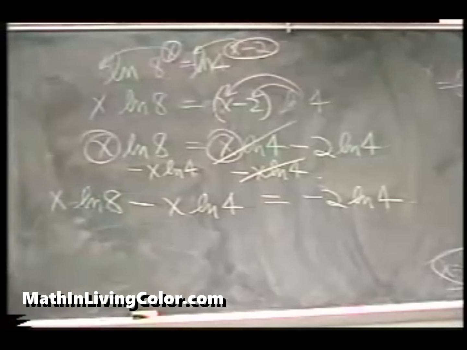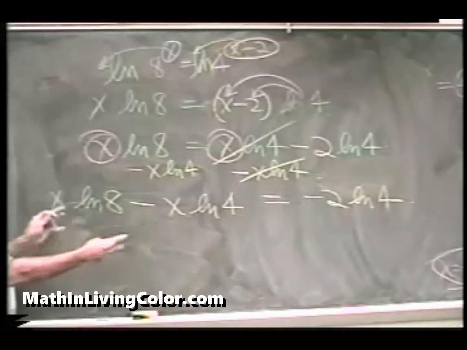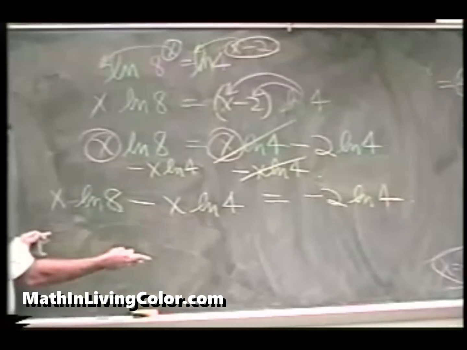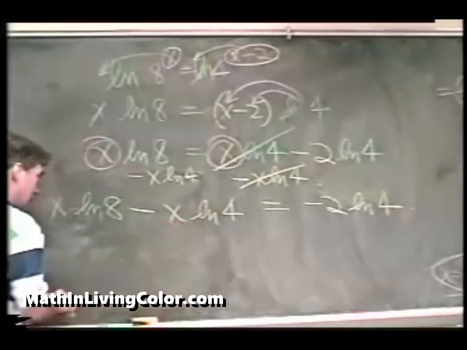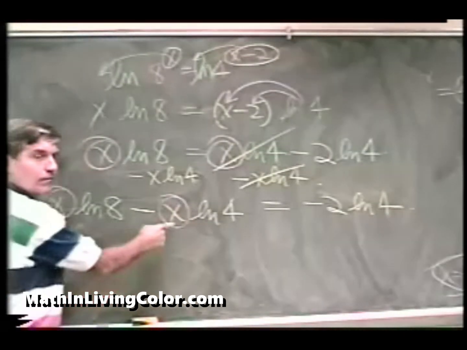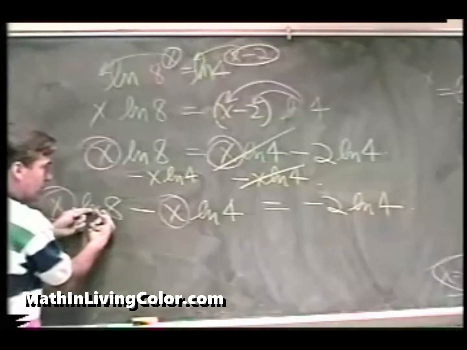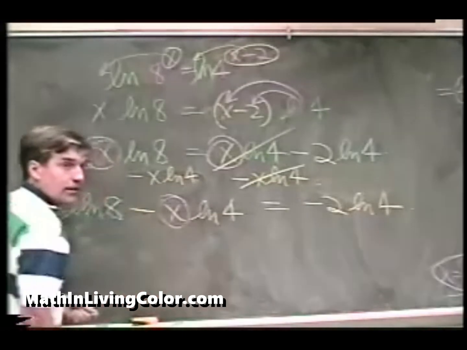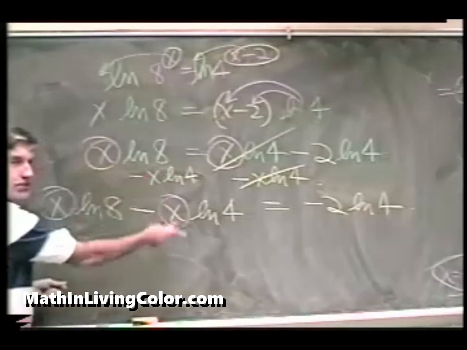Now what do we have to do? If you've got x's in more than one place, you need to get the x's in one place, don't you? So you just subtract it? What do we do here? Now I've got x times this and then x times that. Oh, I thought you just subtracted it out. No, I don't subtract out the x's.